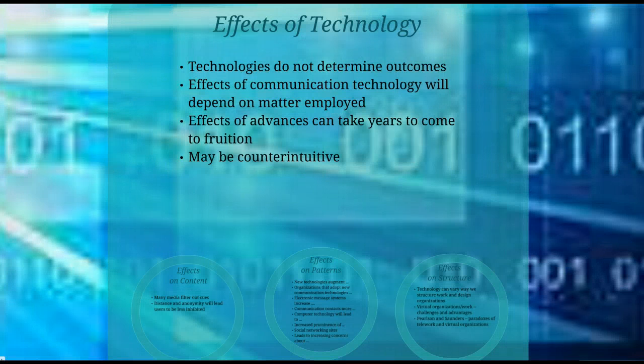Okay, so that's looking at some of the theories and the models. Now let's talk about some of the effects. There has been research about media effects, technology effects for years, and this goes well beyond the small realm that we're looking at within organizations. It's been debated.